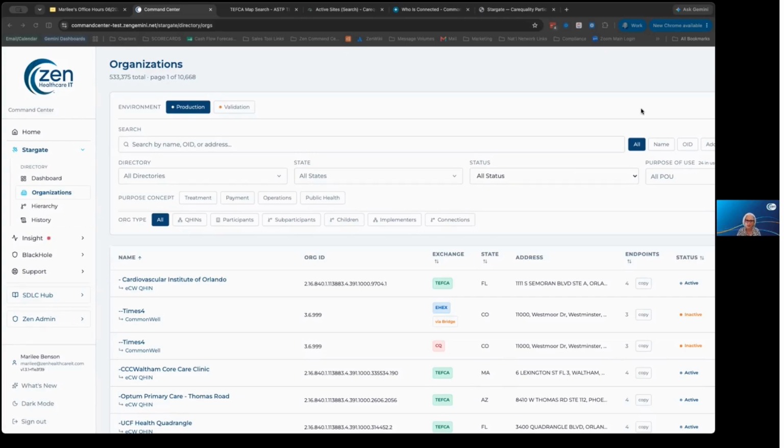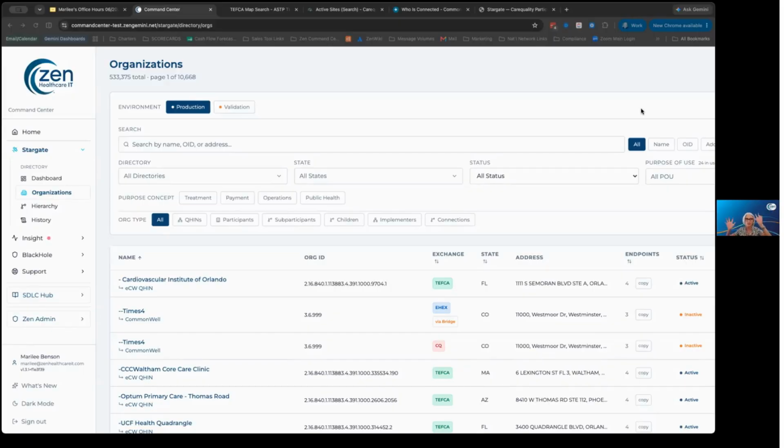But I was really trying to make sure that the questions I was asking, at least initially, are going to be helpful. I have other projects in mind. One of the things that I really want to work on is comparing Carequality and TEFCA participants. That's probably one of the most common questions we get asked: what kind of overlap do we have in those networks? Who might we be missing?